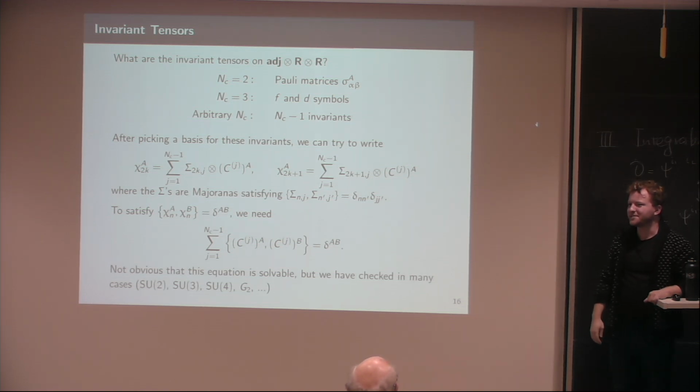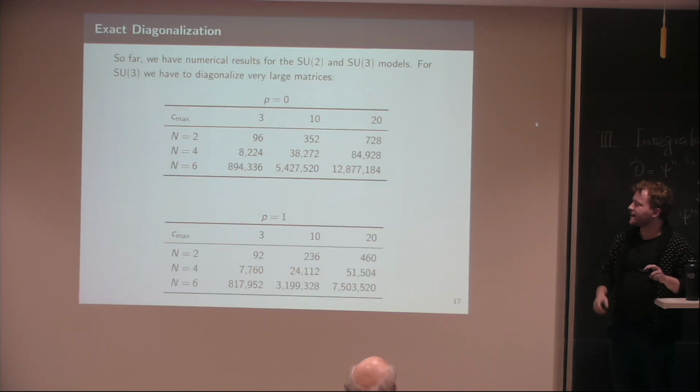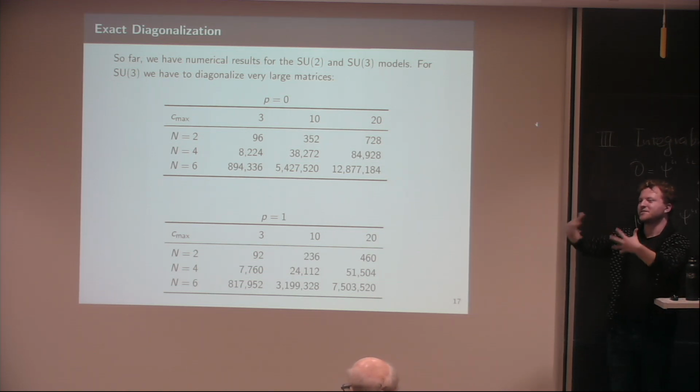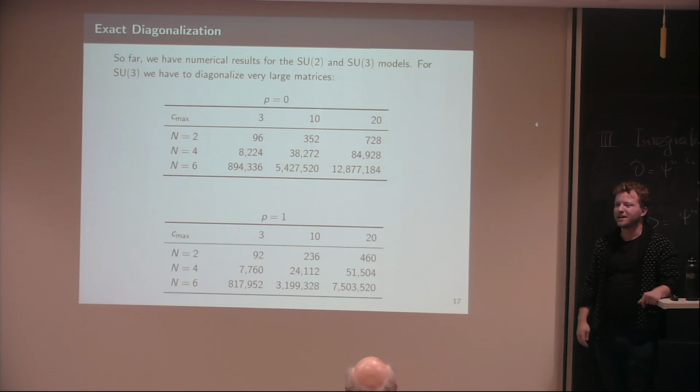These 6J symbols are, to my knowledge, very difficult to compute efficiently. So that's one thing. The other thing is that even if we had the 6J symbols, there's just a really large number of states for any even modest number of sites. Even for SU3, it's bad. So one would want an approach that directly uses the large N limit in some way, but we don't have it yet.